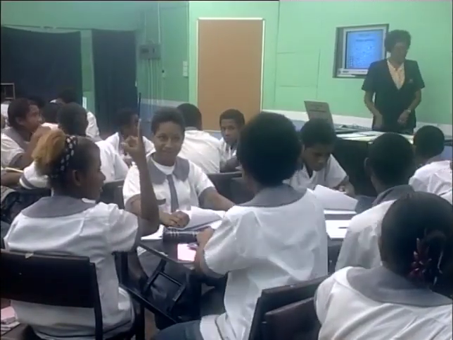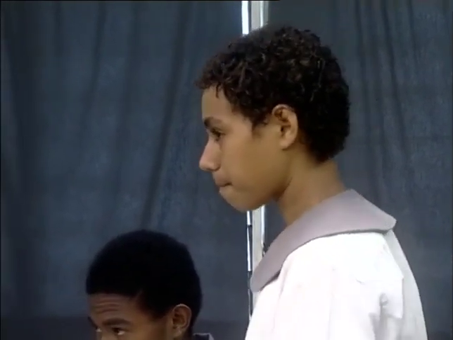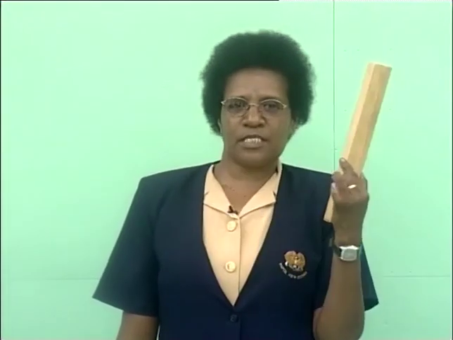Thank you. Let's have you. Matter is anything that has volume and takes up space. Very good, thank you. Okay, so matter is anything, as she has said, that has mass and takes up space. Now, for example, I have these two. This piece of wood is a matter.